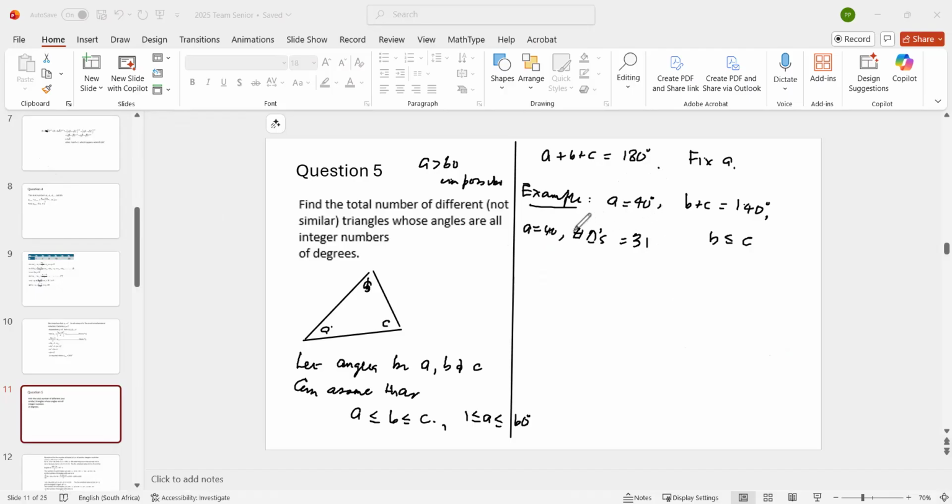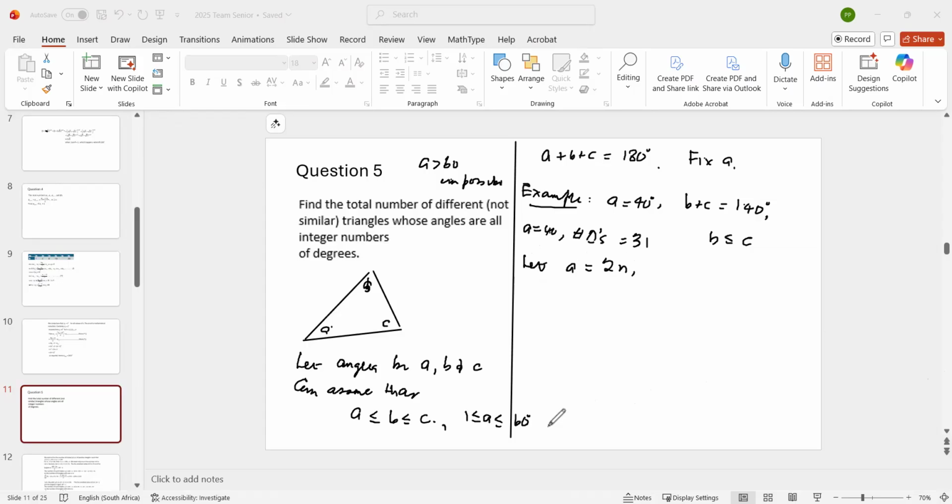Now, remember I had 180 minus 40 divided by 2. And there was 70 because A was even. So let me take A to be even, any even number, because I want to work with even numbers. Let A be equal to 2n.